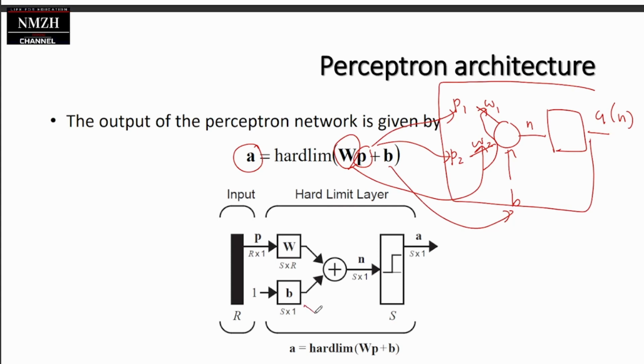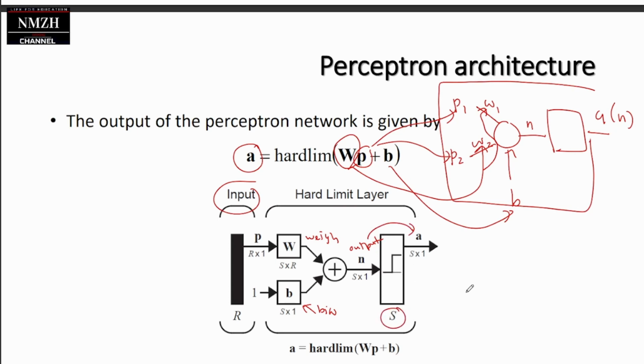So this one is the bias, and this one is the weight given, because obviously the weight is multiplied with the input itself, and N is the output before we apply the activation function, the one that we discussed before.